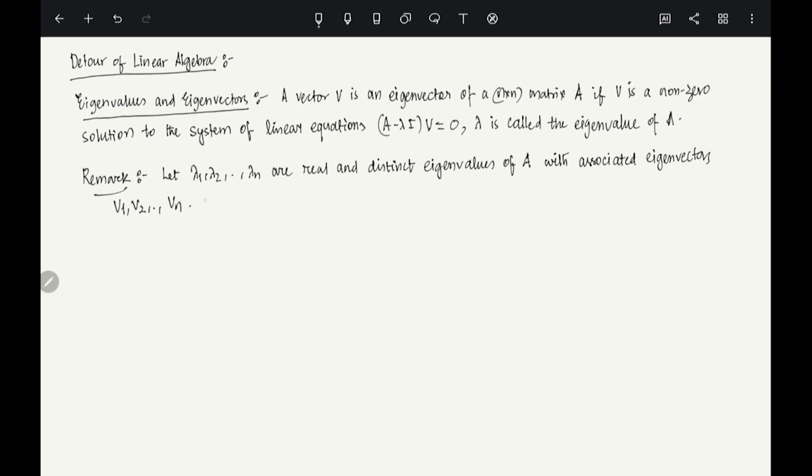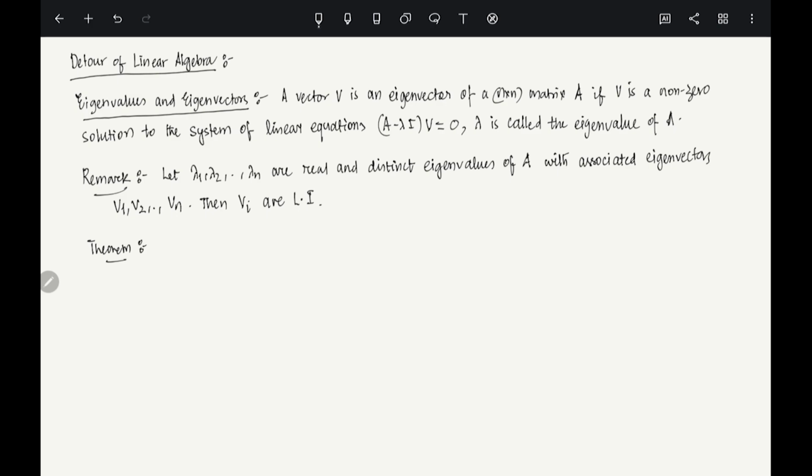Then what is the relation between these vi's? The vi's are linearly independent. With this we come to the important theorem. Try to understand this theorem and you will understand what's happening.